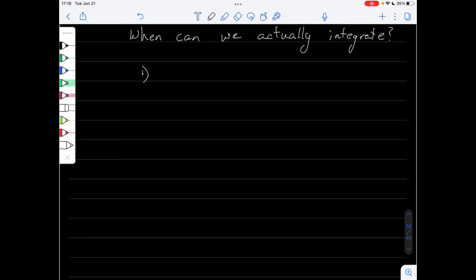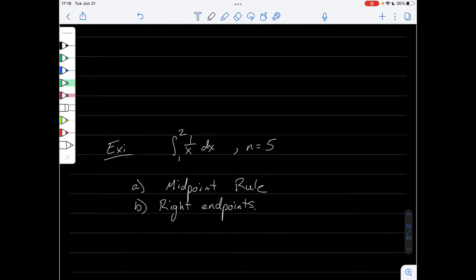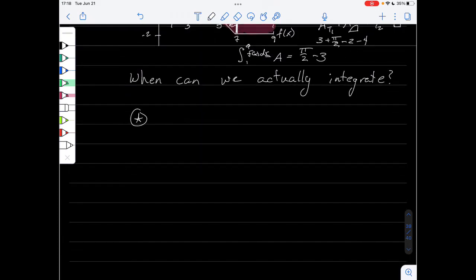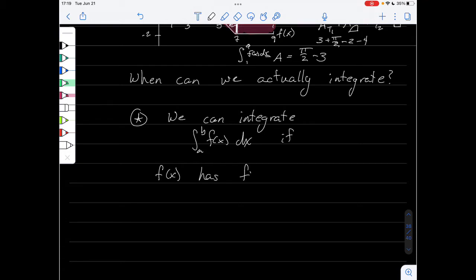And the big principle here is we can integrate the integral, say, from a to b of f of x dx if f of x has finitely many discontinuities.